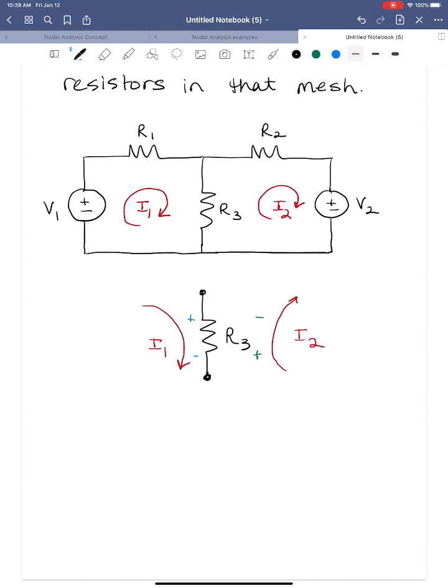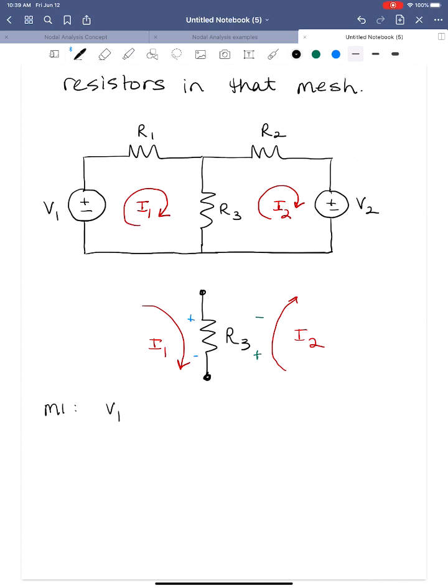All right, so let's write these equations. Let's look at mesh 1. We're going to start and end at the same point, just like we write any other KVL equation. I'm going to start down here with V1. You choose your sign convention just like you did before. We're just writing KVL equations in a new way. Moving from minus to plus, I'll add V1.